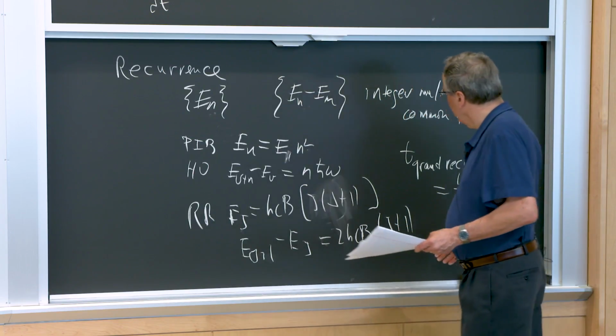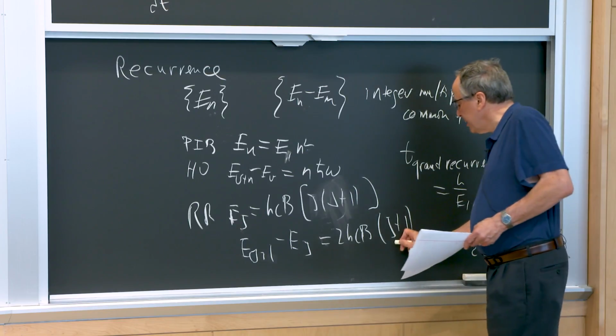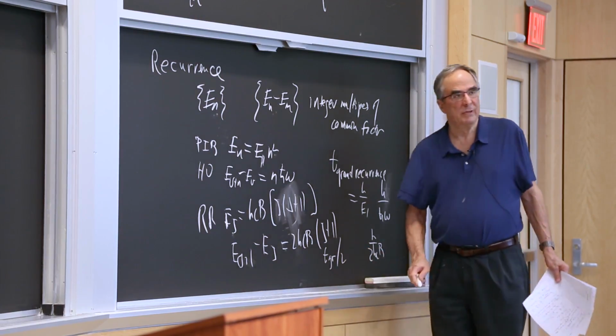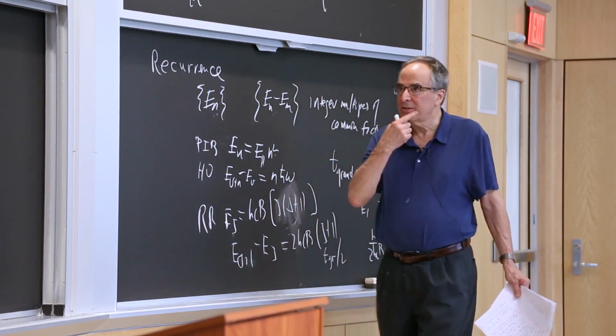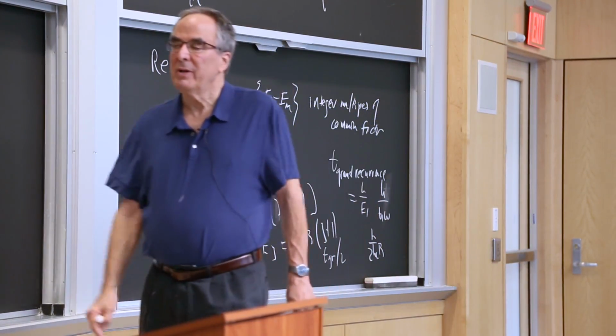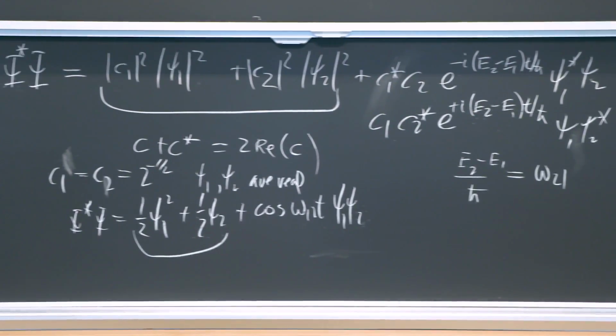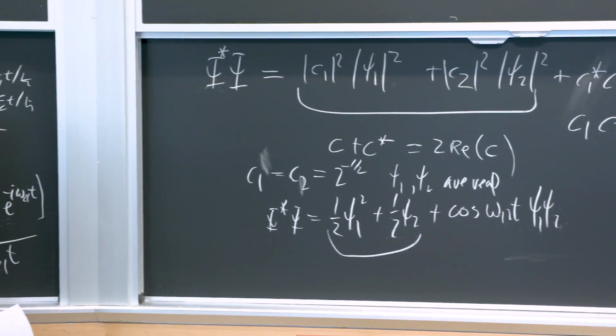And sometimes something special happens at the grand recurrence time divided by 2. It's a little bit like this: we have a wave function here, and at half the recurrence time, it's over here.